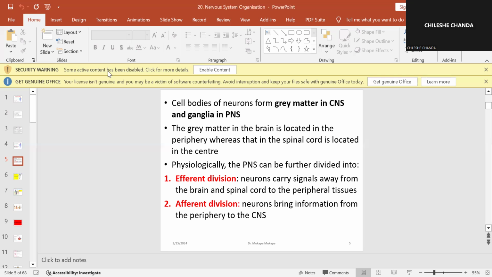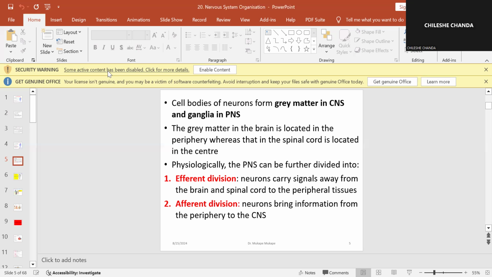Now, a group of bodies of neurons in the central nervous system will be called a nucleus, whilst a group of cell bodies outside the central nervous system, meaning in the peripheral nervous system, will be known as ganglia.